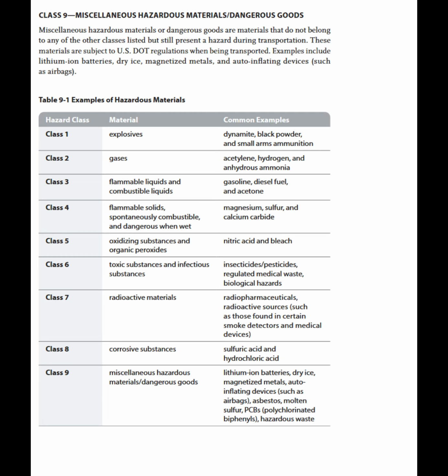Hazard class. Class 4. Materials such as flammable solids, spontaneously combustible, and dangerous when wet. Example: magnesium, sulfur, and calcium carbide. Hazard class. Class 5. Materials such as oxidizing substances and organic peroxides.